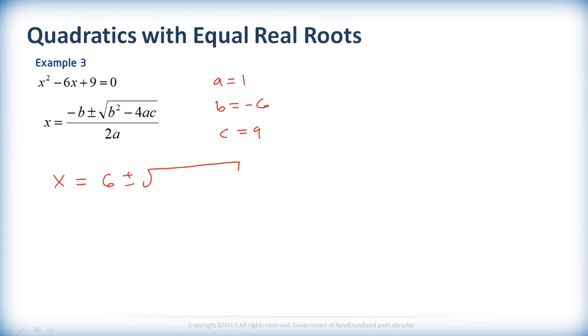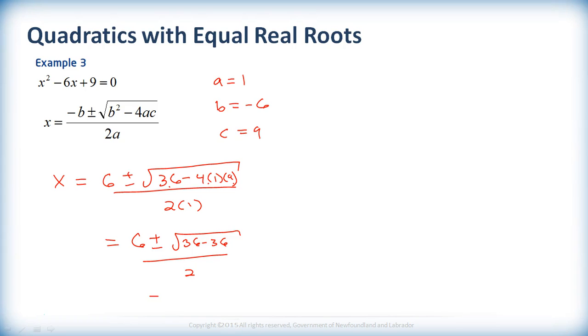So negative 6 squared is positive 36, minus 4 times a times c, all over 2 times a. So this will give us 6 plus or minus the square root of 36 minus 4 times 9, so 36 minus 36, all over 2, which is 6 plus or minus 0 over 2. Whether I add 0 or subtract it, I still get 6 over 2, which is 3.